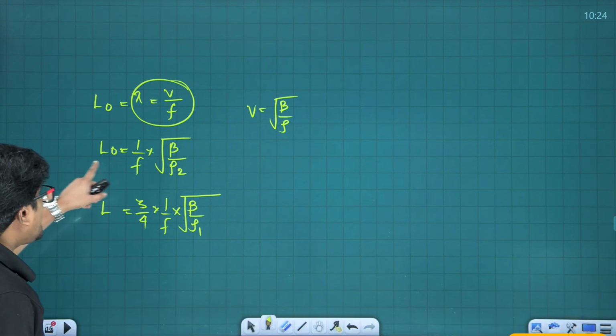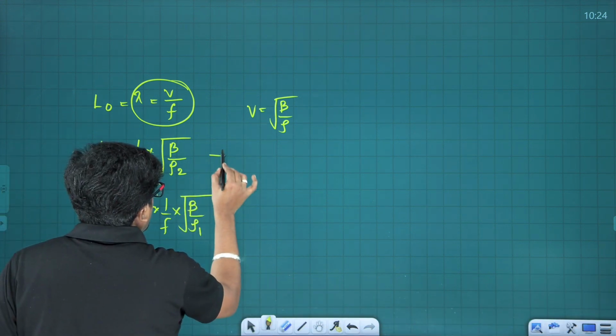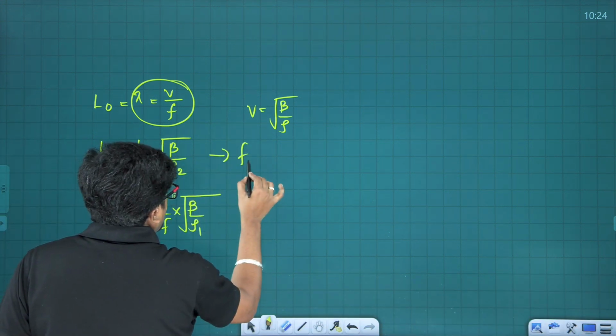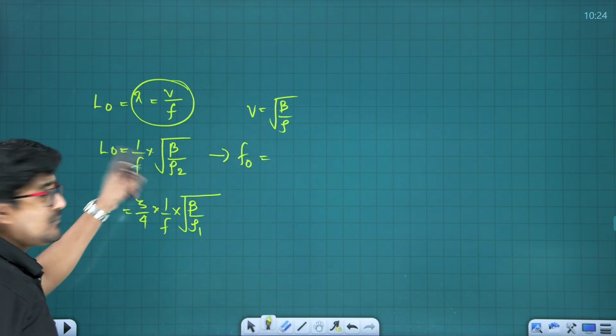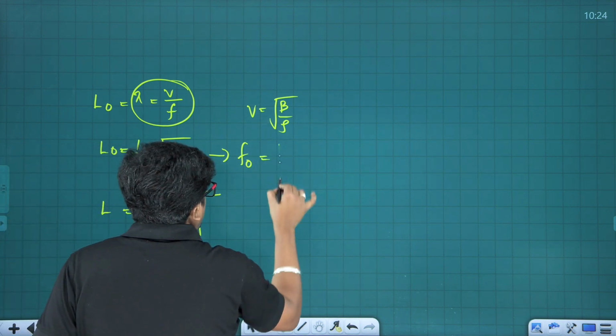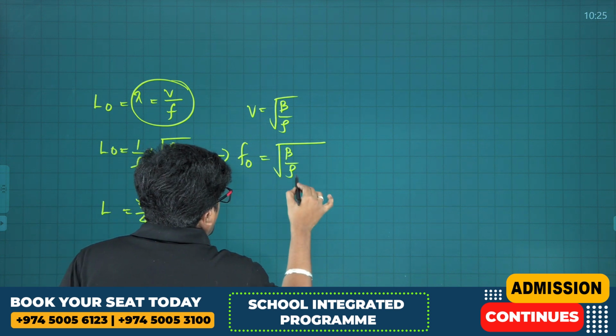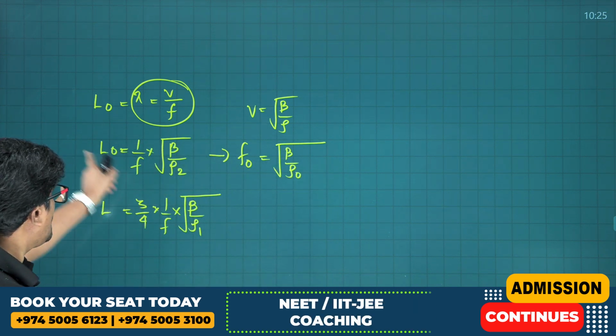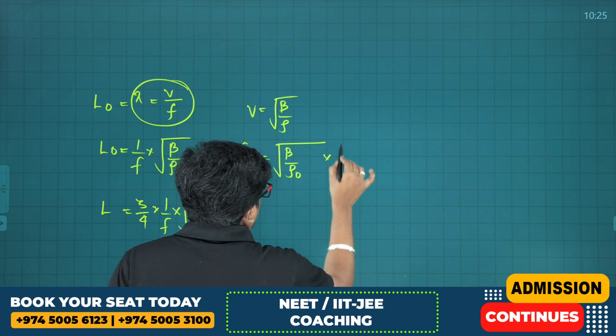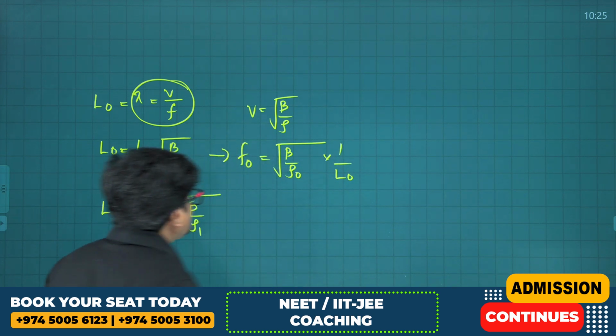Alright. So from here I can say that for the open pipe, frequency FO is root of beta upon rho 2 into 1 upon LO.